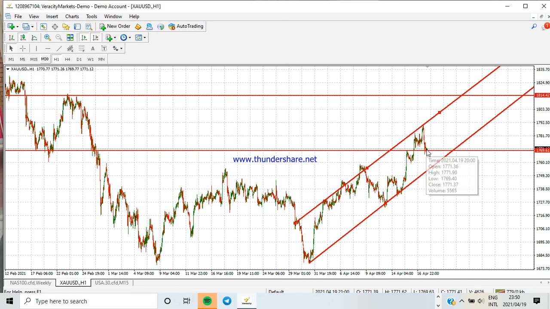Or the market might just decide to go down to this area, create some kind of a double top formation or head and shoulders formation, and then maybe kick to the downside, or might come and retest around this area and go to the upside.